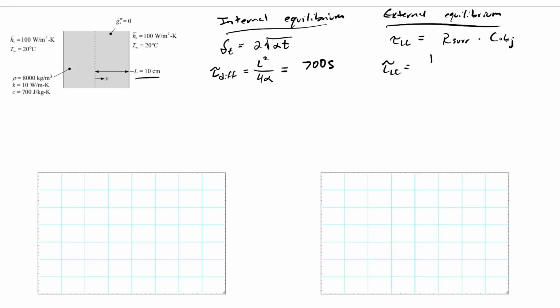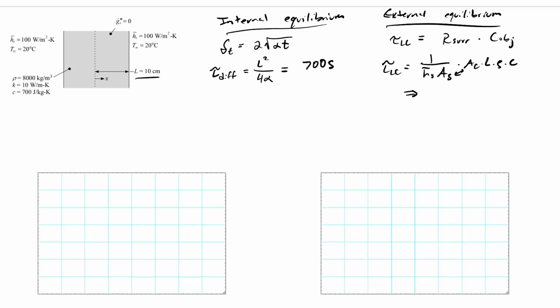The surroundings resistance is 1 over H bar S times A S. And the heat capacity of the object is going to be the volume, which is A C times L, times rho times C. Assuming that A S and A C are the same for this.